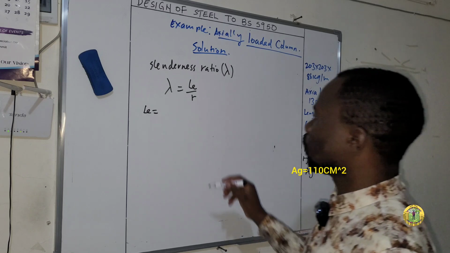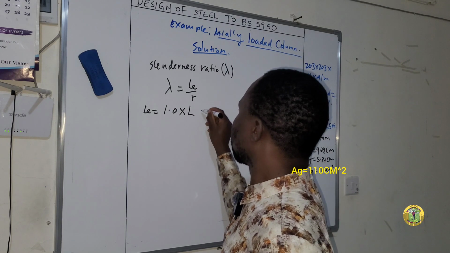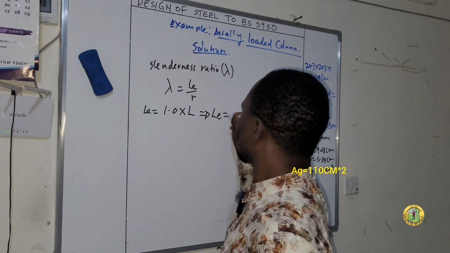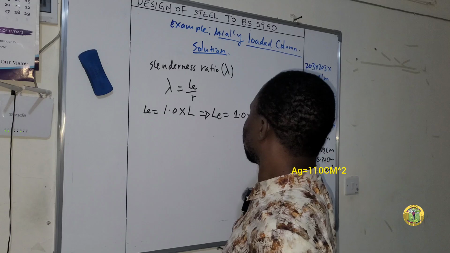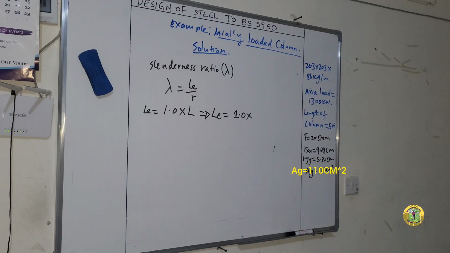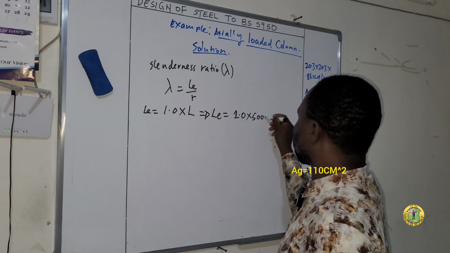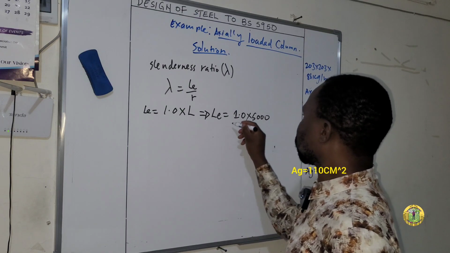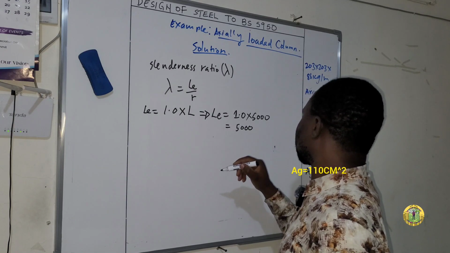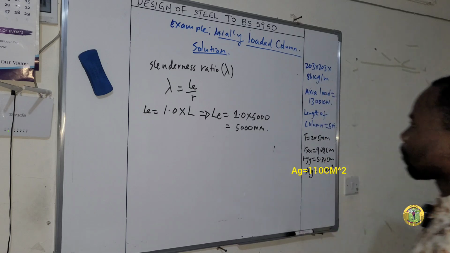So it means LE is 1.0 times L, which implies LE is equal to 1.0 times length. So the length is 5 meters. So you will convert 5 meters into millimeter. So LE is equal to 5,000 millimeter.